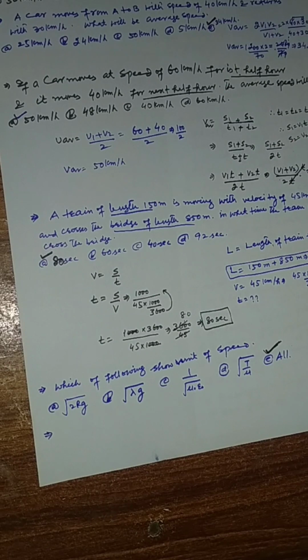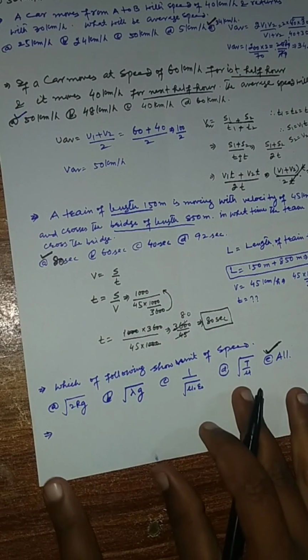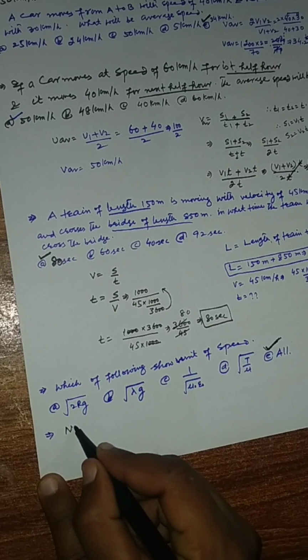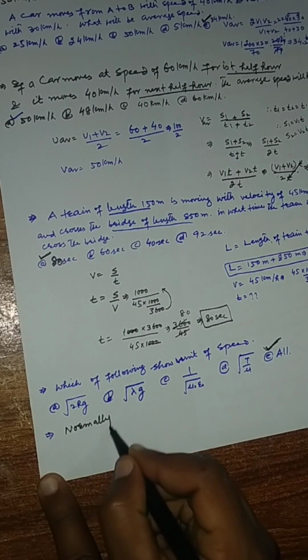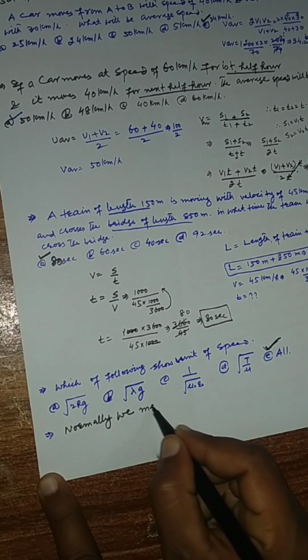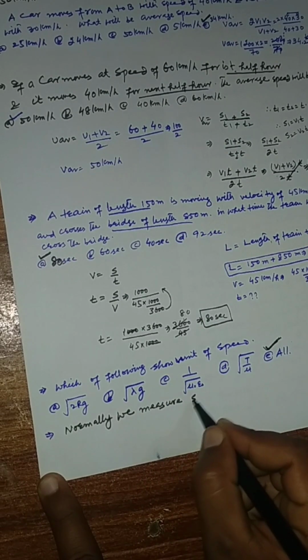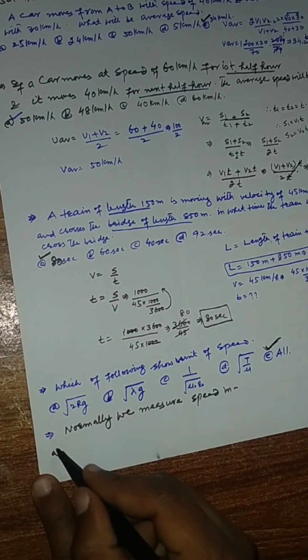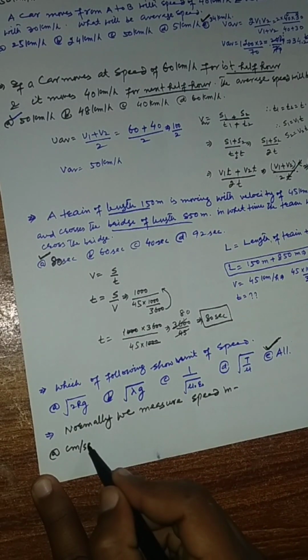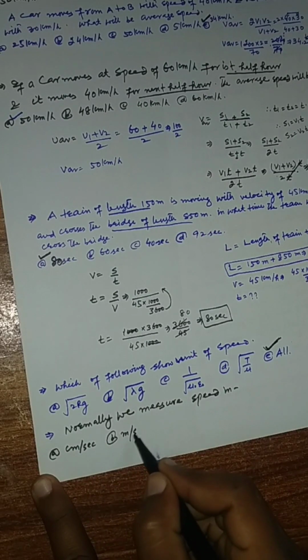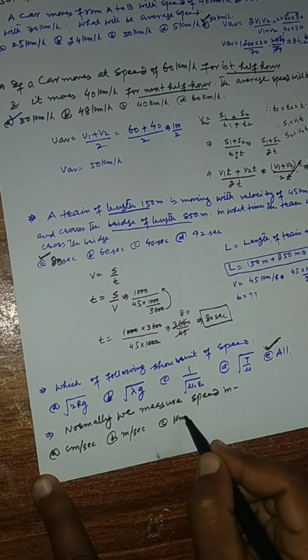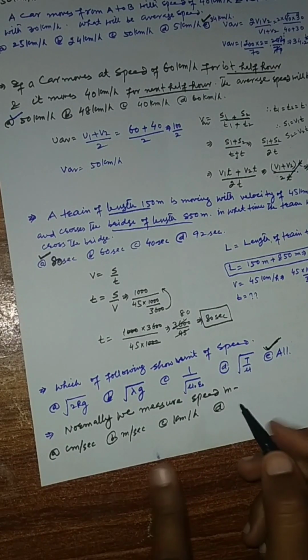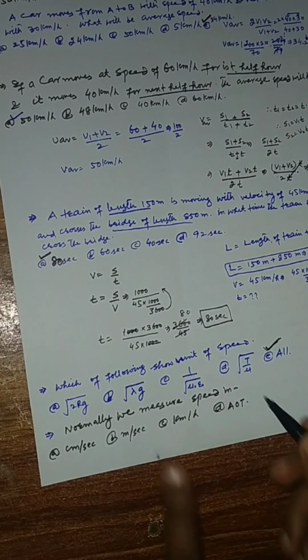Normally we measure the speed in different units, but normally we measure speed in centimeter per second, meter per second, kilometer per hour, or option D, all of these.